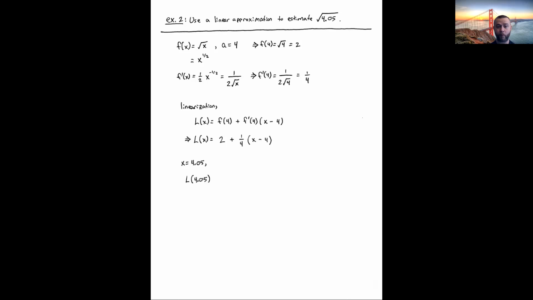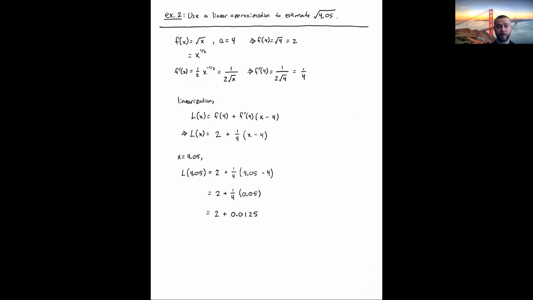All right, so if we do that, we're going to plug into our linearization the x coordinate 4.05. Notice the part inside the parentheses gives us 4.05 minus 4, and that's really easy to calculate. Basically, the whole part subtracts out, and you're just left with the decimal part.